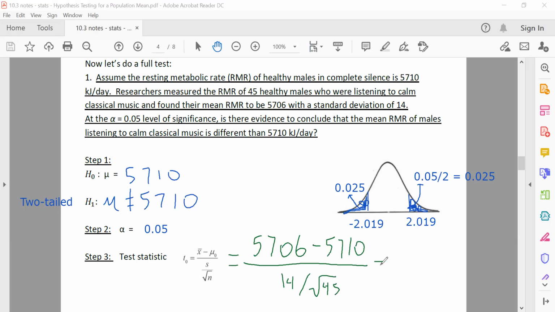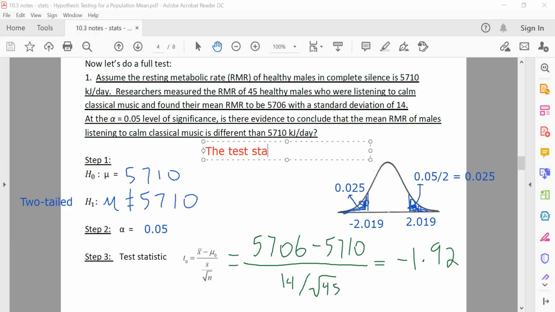And if you do that, you'll get negative 4 on top. 14 over the square root of 45 is about 2.086. So you're going to get negative 1.92 as your test statistic value. Now that's a fairly extreme test statistic, but it's not extreme enough.